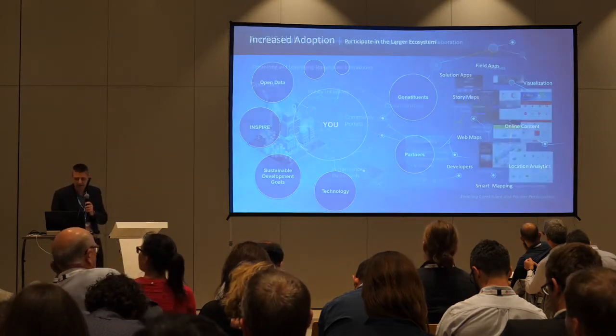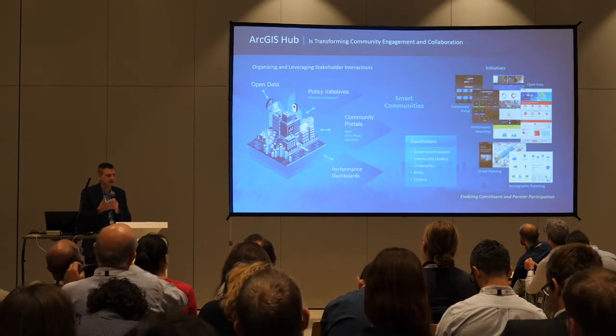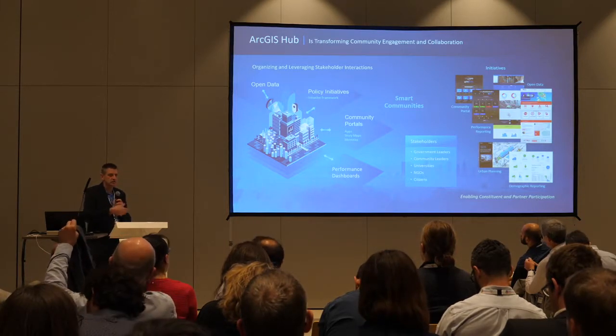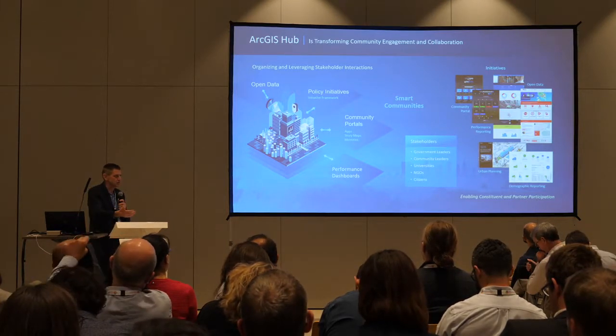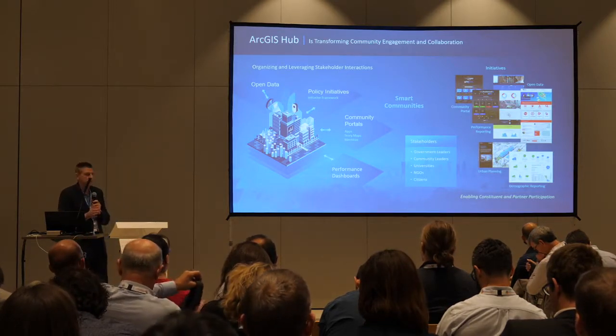And one very specific development for us over the last couple of years is this ArcGIS Hub, right? So it's really a place where you interact and engage with your constituents, focused on a set of initiatives, as we call them.